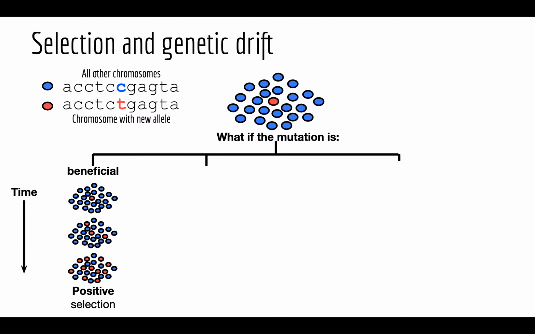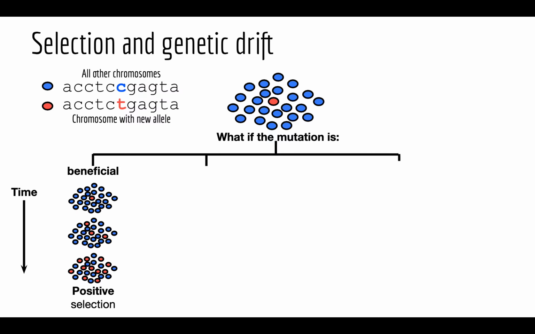Let's say we're talking about chromosomes that exist in a group of individuals that have decided to move and live in the Himalayas at 20,000 feet. And let's imagine this mutation confers an advantage at high altitude. So maybe it allows red blood cells to carry more oxygen.